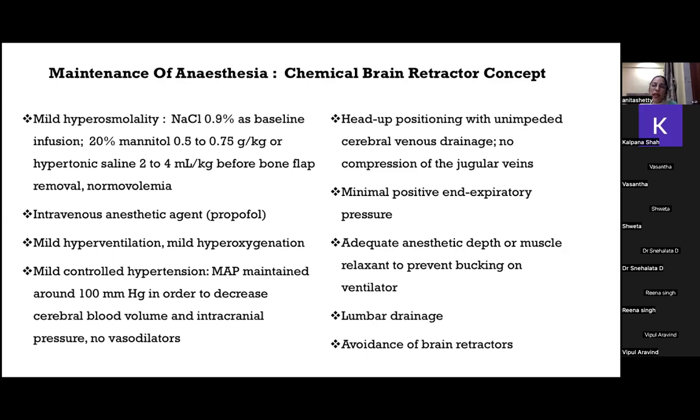Minimal PEEP is administered. The depth of anesthesia should be adequate, and muscle relaxant should be given to prevent bucking when you are ventilating. A lumbar drain can be inserted, and this will all help in avoidance or minimal use of brain retractors. So this is called the chemical brain retractor concept.